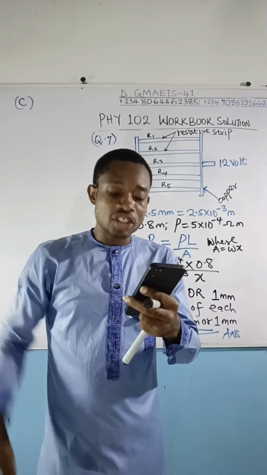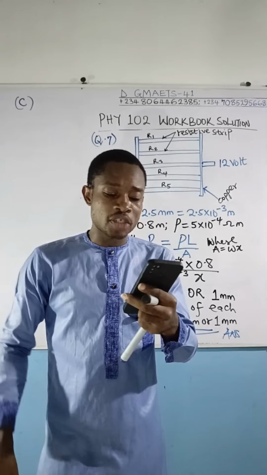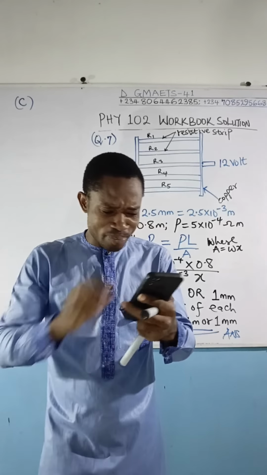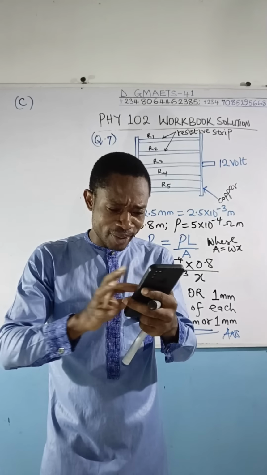If the charge stored in a fully charged battery is 1.44 times 10 to the power of, is it 5? Please let me check very well.